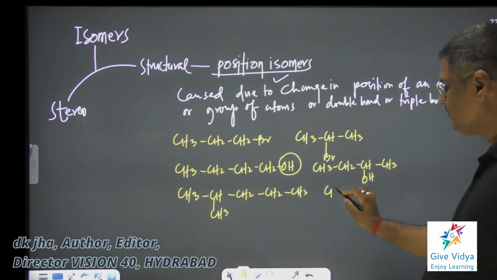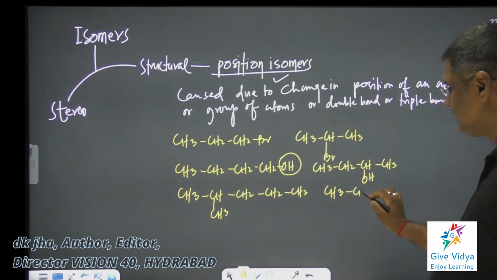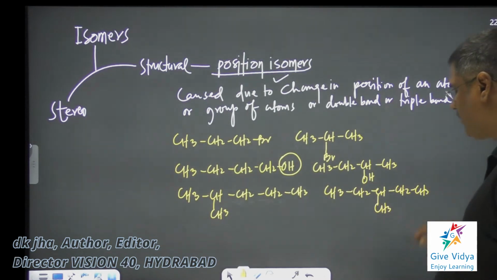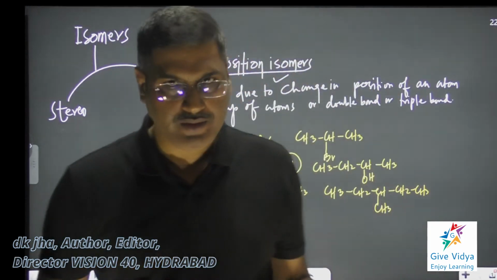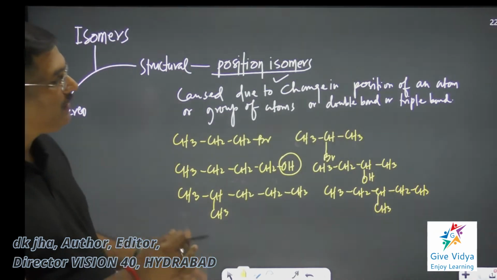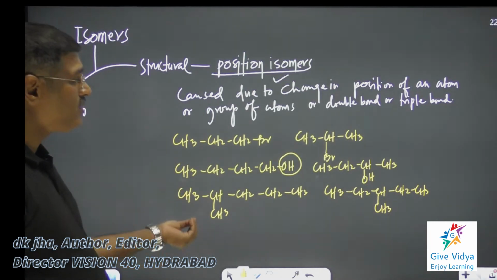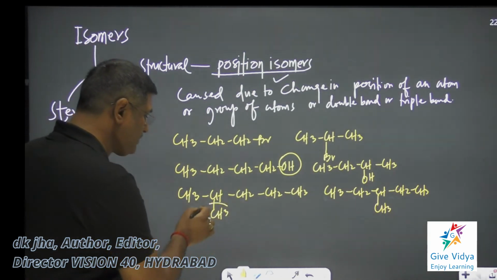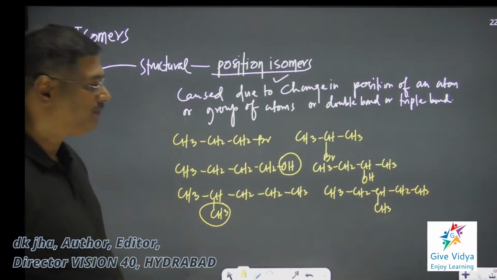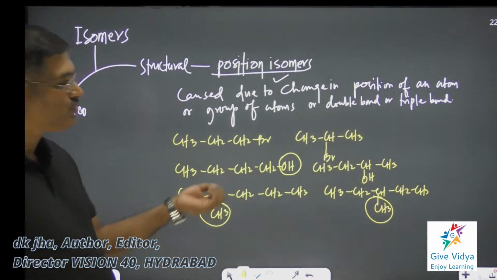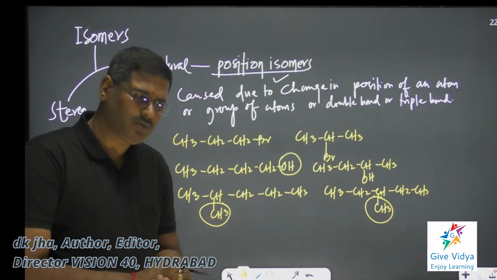We take now CH3, CH2, CH, CH3, CH2, CH3. What are these two? Certainly, this one is 3-methylpentane and the other is 2-methylpentane. Here, this substituent group is changing its place from the second place to the third place. These two are position isomers. No doubt at all.